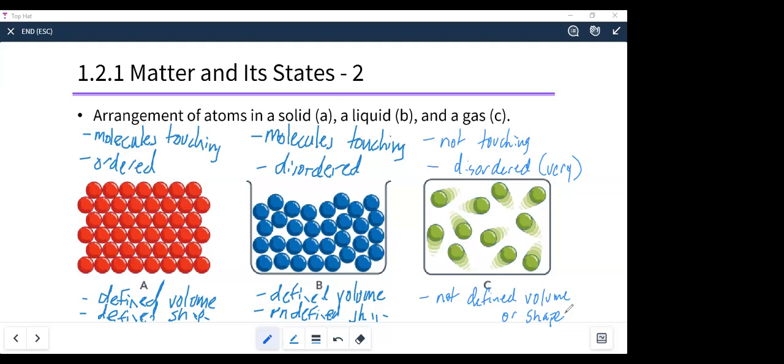Graduated cylinders, beakers, burettes, you name it. The shape is undefined. It's going to fit into whatever container we put it in. Gases, on the other hand, have undefined volume and shape. They are going to automatically expand to whatever container they're in because they are so disordered, and they are going to take on whatever shape the container is as well.